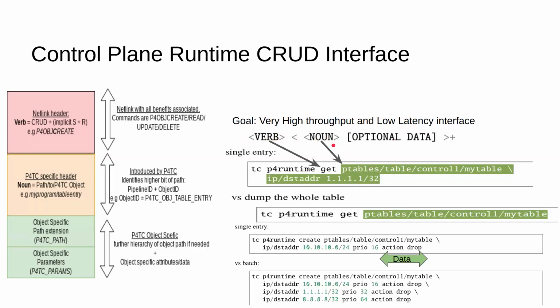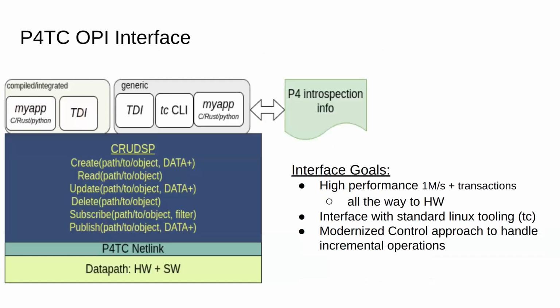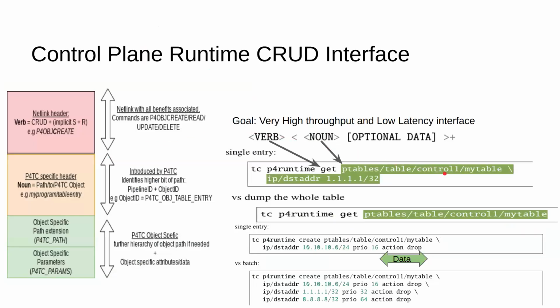So I see how we can easily translate between the protobufs and the TC here. You should be able to take protobuf, separate, disambiguate the noun and the verb, and then just use this. If it was a create, it doesn't matter if you're creating an MPLS object or a routing object, you just separate it, you call create, and you give it the path. Now, P4 has an ID for every object and hierarchies of objects.